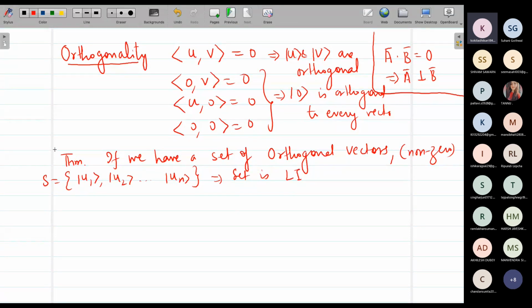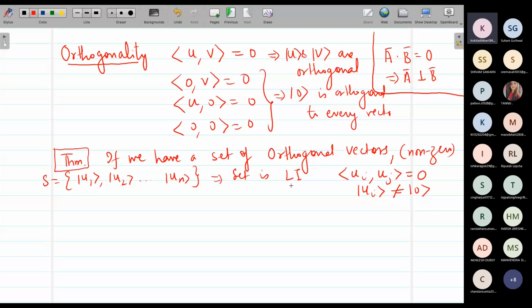It is a very important theorem which comes in handy. So what does that mean? If I am talking about ui, uj, the inner product of ui and uj will be 0 for i not equal to j. And none of these vectors can be a 0 vector. In that case, that set of vectors will be linearly independent.